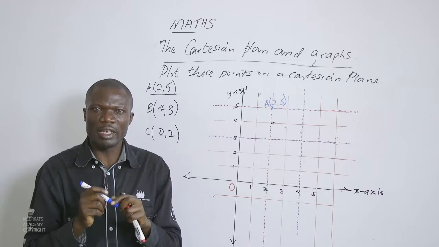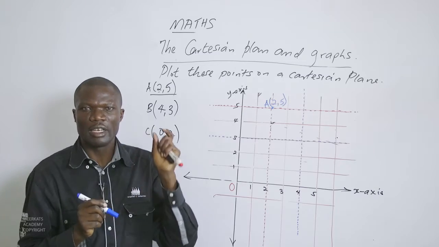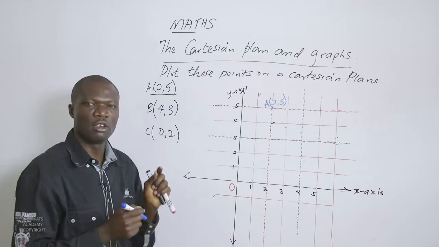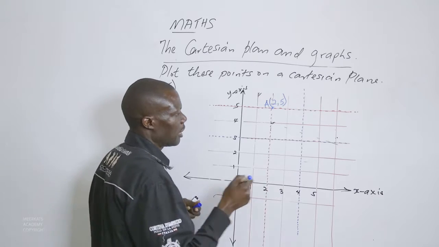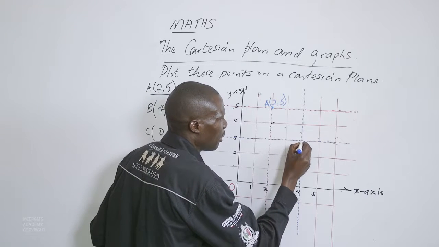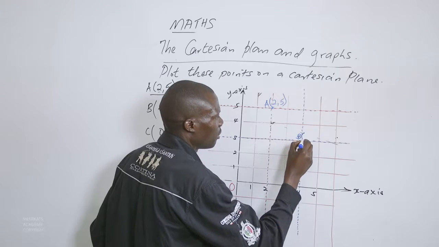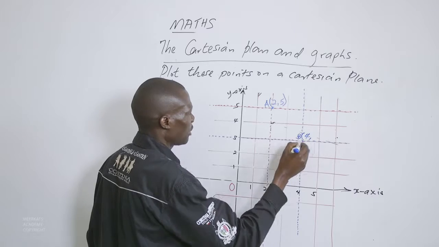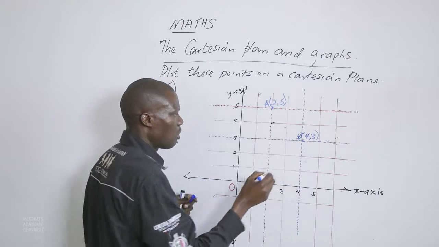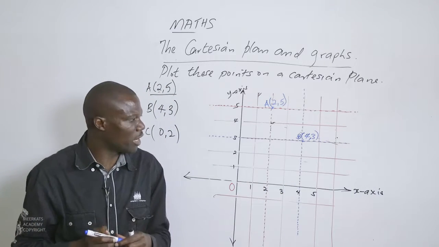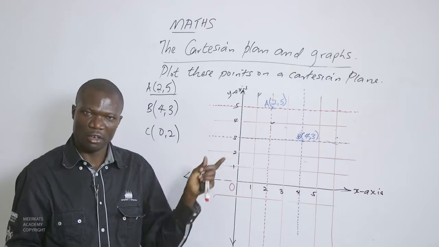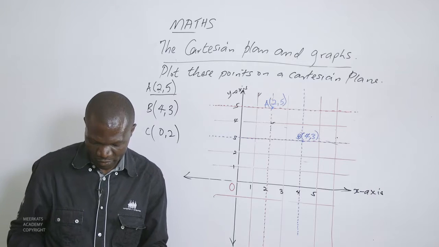The position where they intersect is a coordinate named by the point B, which reads 4, 3. And that point is none other than this point here. We shall write there a B capital, and in bracket we have the point 4 for x and 3 for y. So we have been able to locate the point B, 4, 3 on our Cartesian plane.